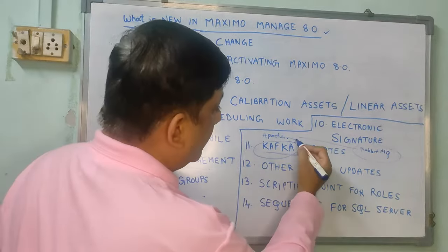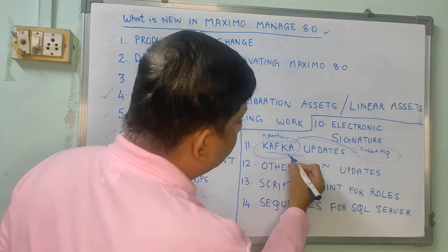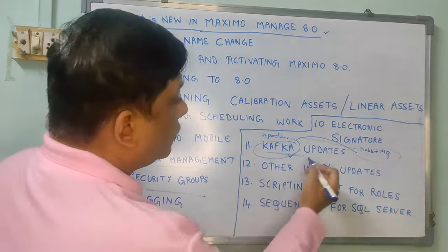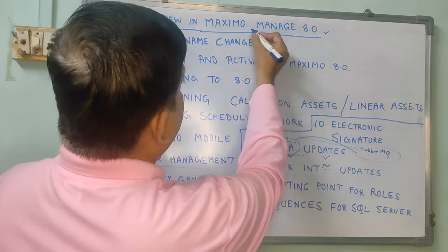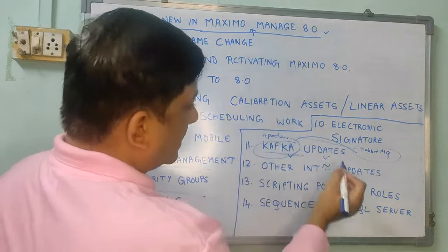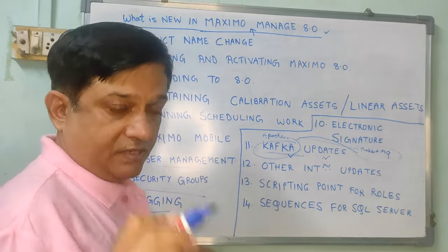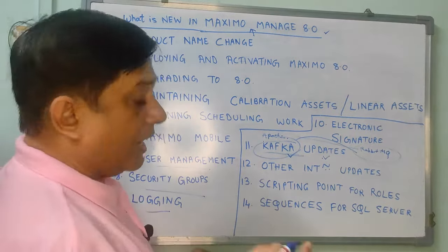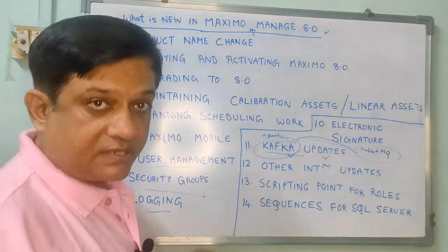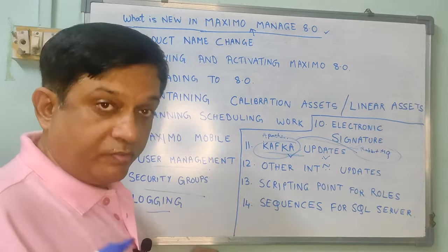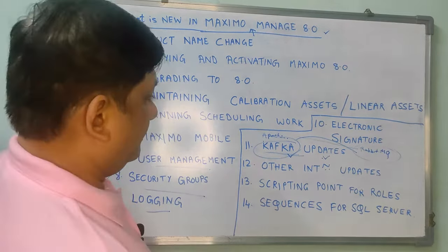So whatever updates Kafka has to make should be linked with Maximo updates, so that we don't lose even one message. Okay? And the duplicate message should not go. So both of these should be managed.